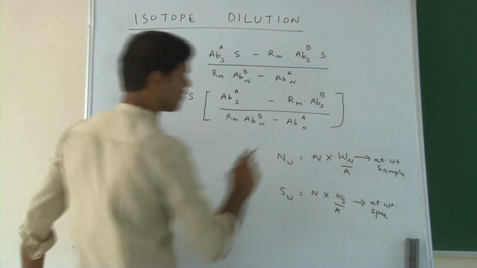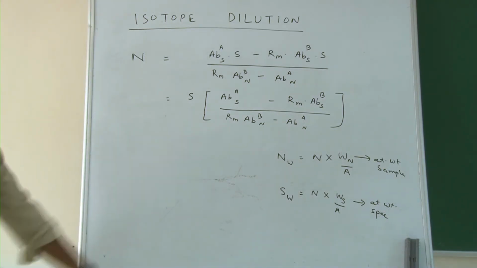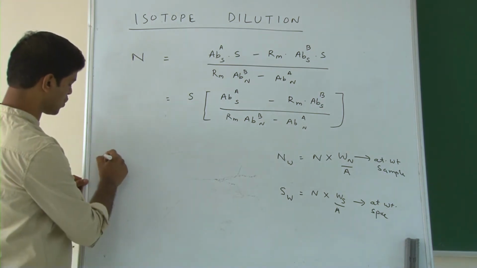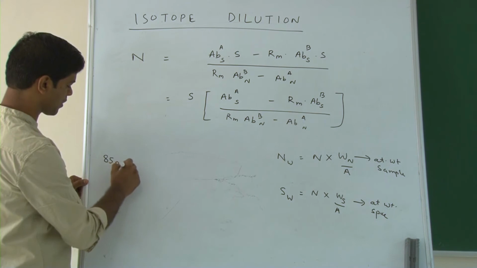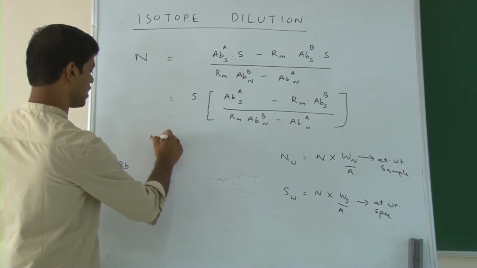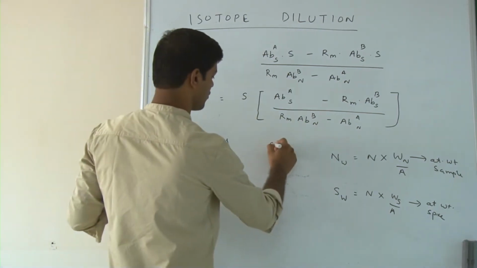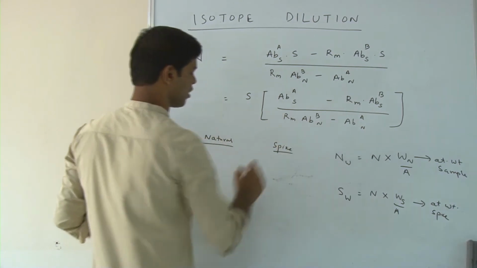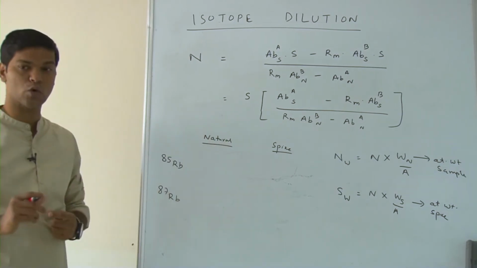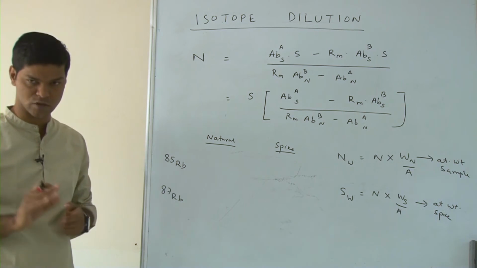Because they have distinct isotopic compositions, their atomic weights will be different. To give an example, let us say rubidium has two isotopes, 85 rubidium and 87 rubidium. When you look at the natural, that means what you expect in your sample, and the spike, which is artificially created for isotope dilution, in that spike you always enrich a particular isotope which will not influence the natural signature.